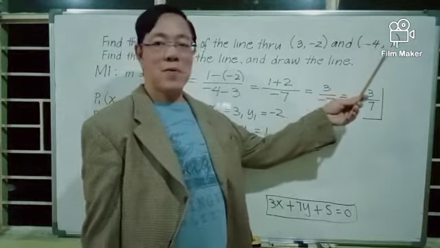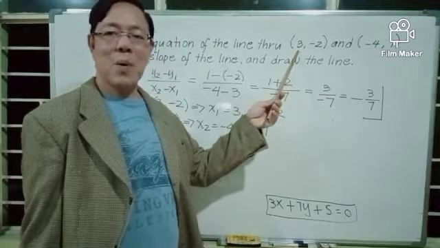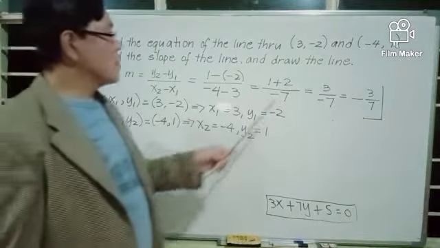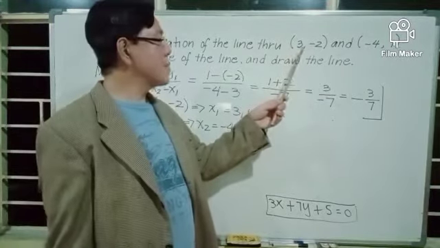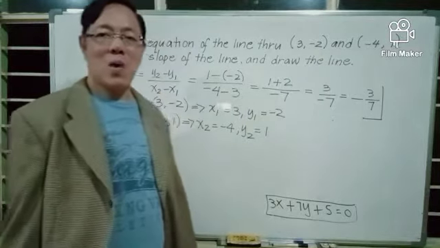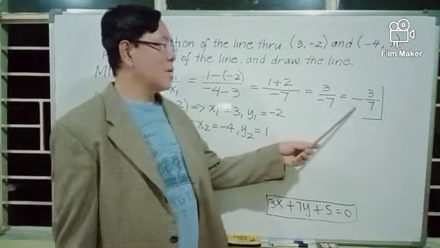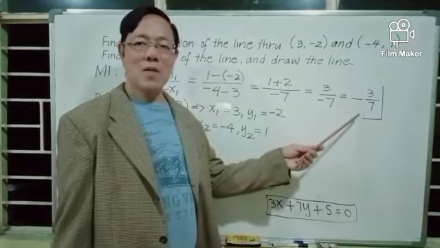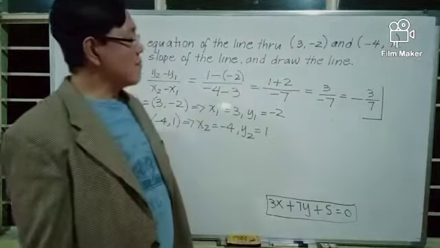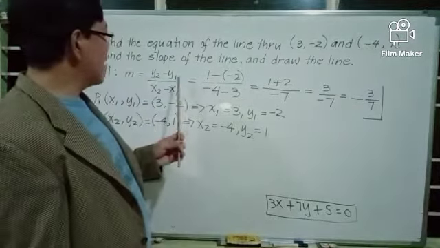Then this point will be your point P2 with coordinates x2, y2, which implies that your x2 will be 3, your y2 will be negative 2. And when you substitute the values of x and y into the formula for slope m, you should get the same value, negative 3 over 7. Try it.